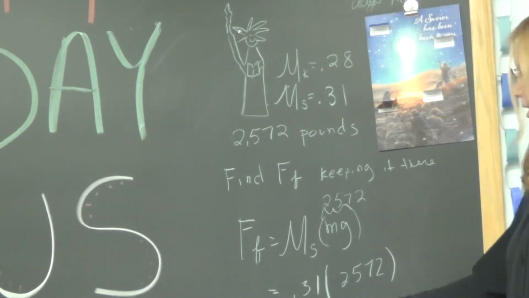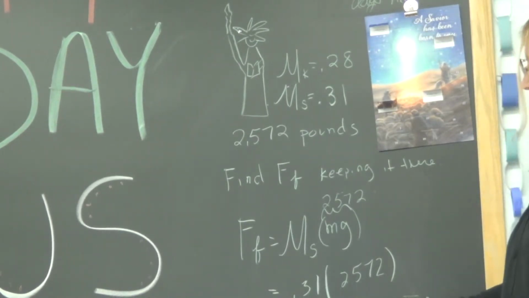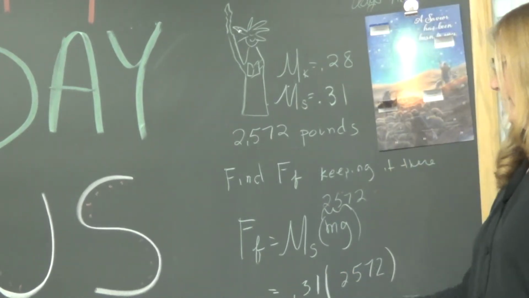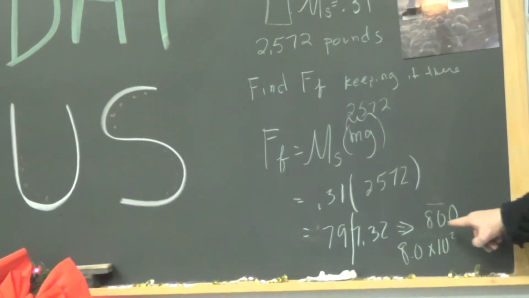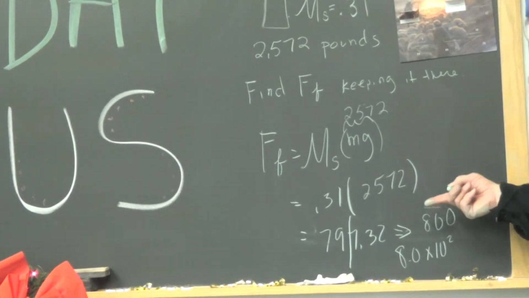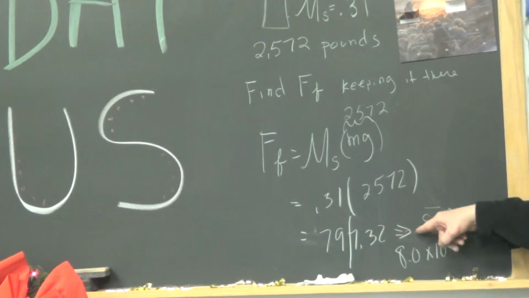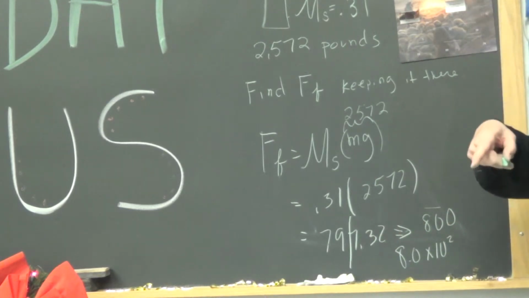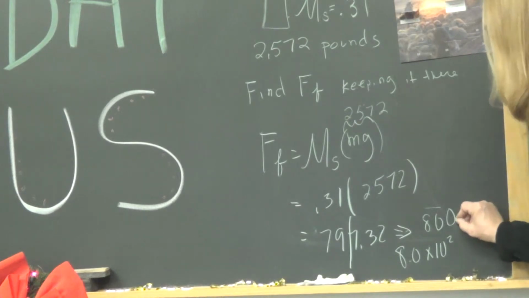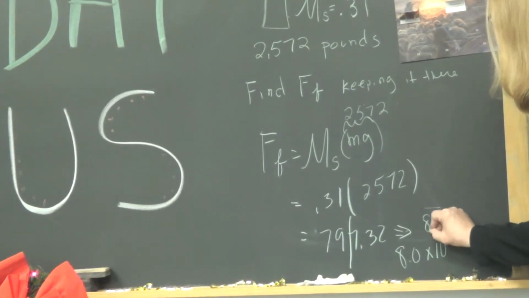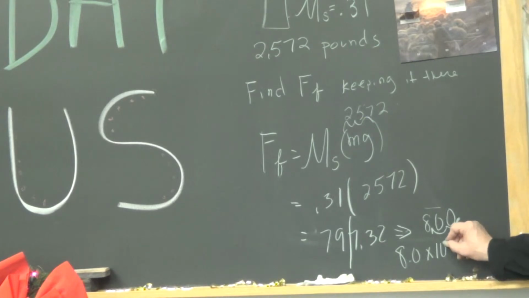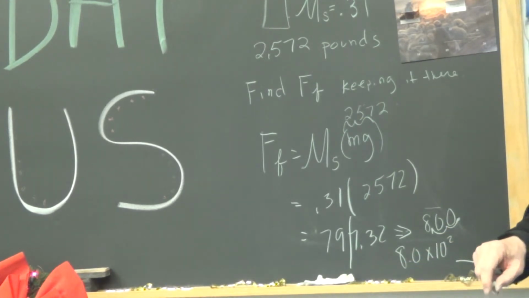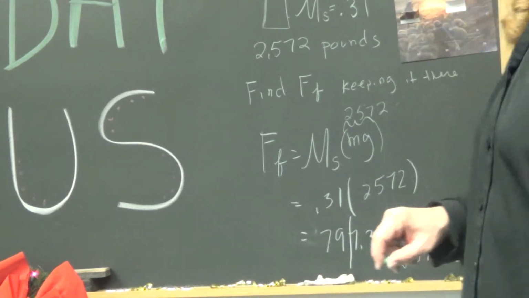The only way to change 797 to 2 sig figs is to break it off right there, which causes us to go up to 80. If we write it as 800, the whole number is 800. The only way to indicate 2 sig figs is scientific notation. So we took this decimal point and moved it twice. That's where the 10 to the 2 came from. So 8.0 times 10 to the 2, what kind of units?